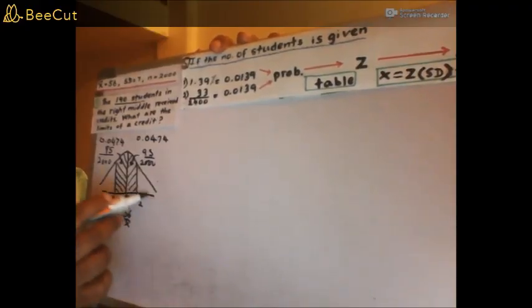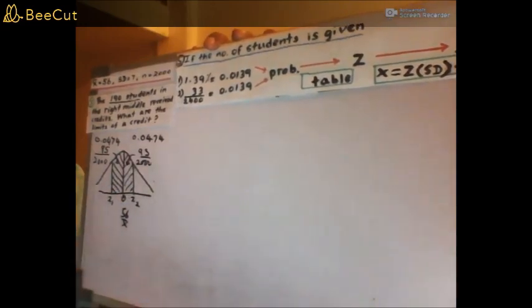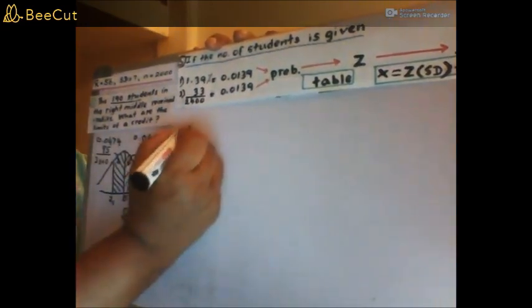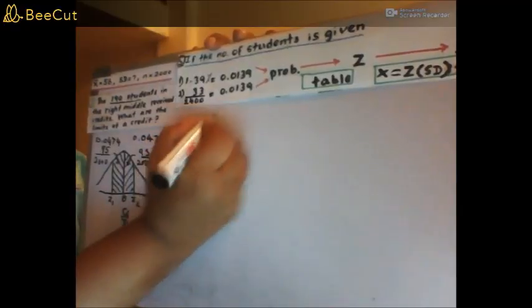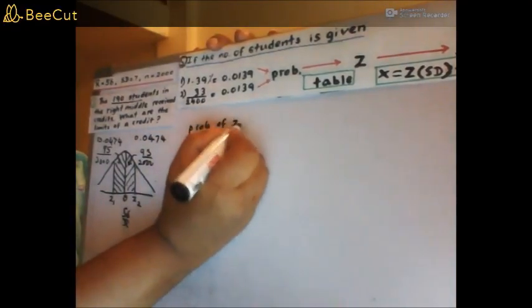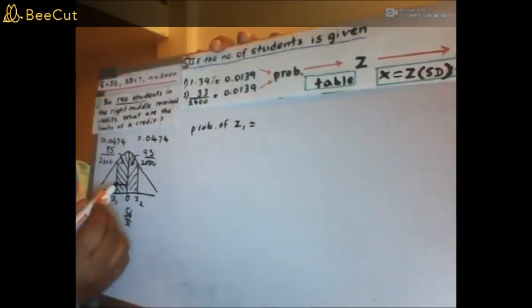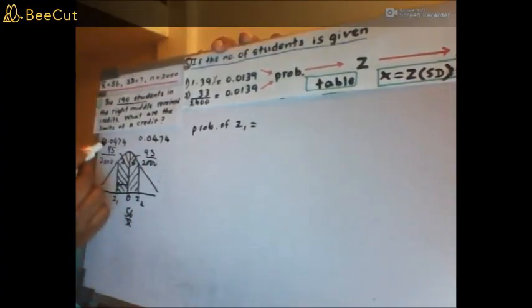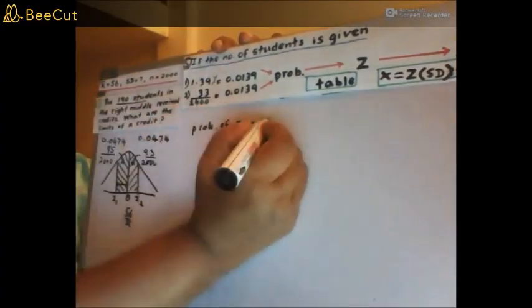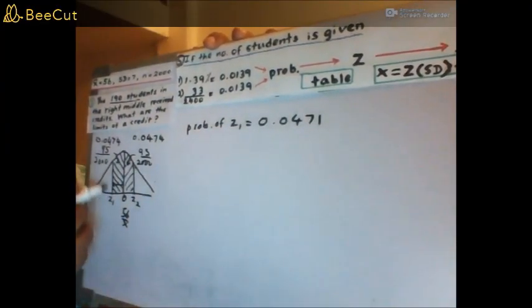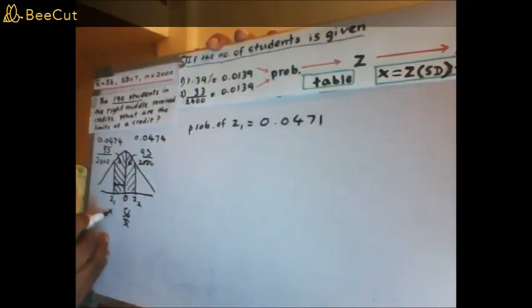If not, you can write this side Z1, Z1. Right, probability of Z1. What's the probability of Z1? It's 0.0474. We'll take Z1 and then we'll find X1.